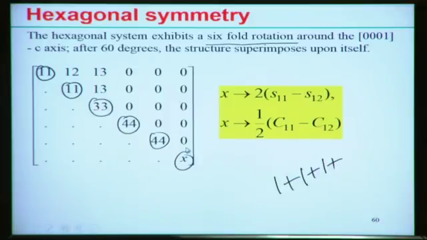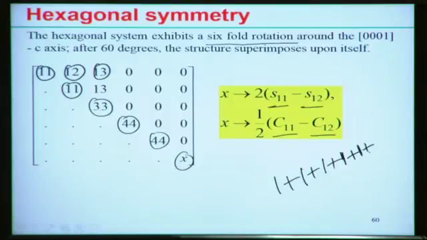If we look into the typical expression of x, in terms of S11 and S12, or in terms of C11 or C12, the 1 2 term is there, and the 1 3 term is also there.